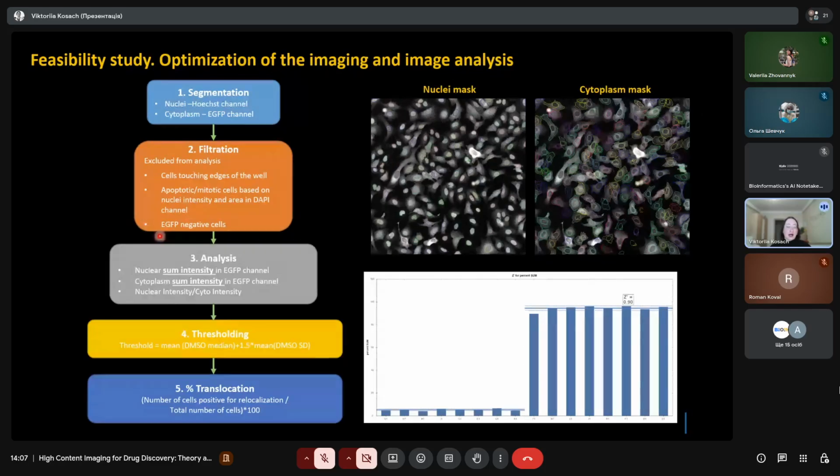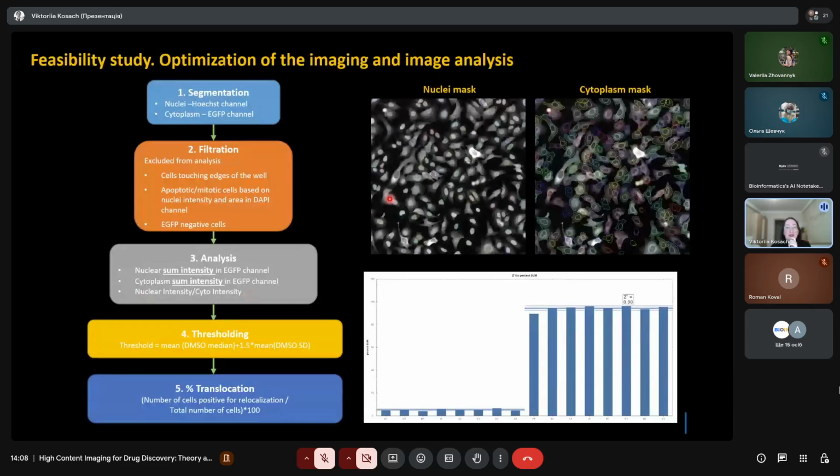And we filtered out GFP negative cells that do not harbor our target. After that, we collected the intensity from nuclei and the intensity from cytoplasm of the target, and made a ratio, the nuclear to cyto intensity ratio.